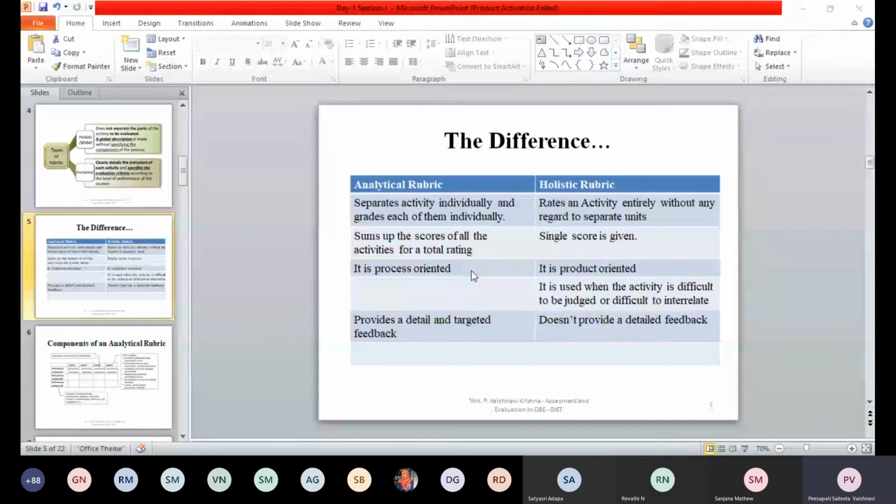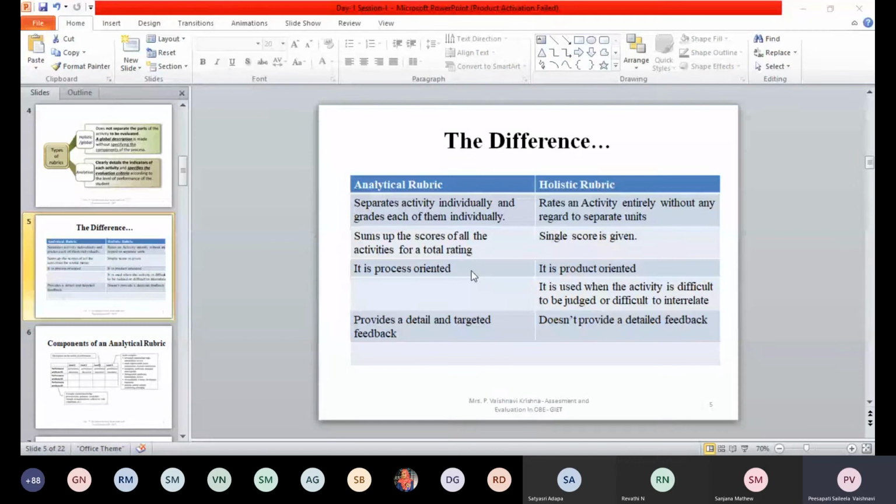Holistic rubric sees whether you have got the final answer or not. Quality is what matters, and quality is what made you come here to learn about OBE as teachers. When you talk about quality, process matters more. So it is process oriented, meaning step by step, you allocate some marks for a certain kind of performance of that particular student.